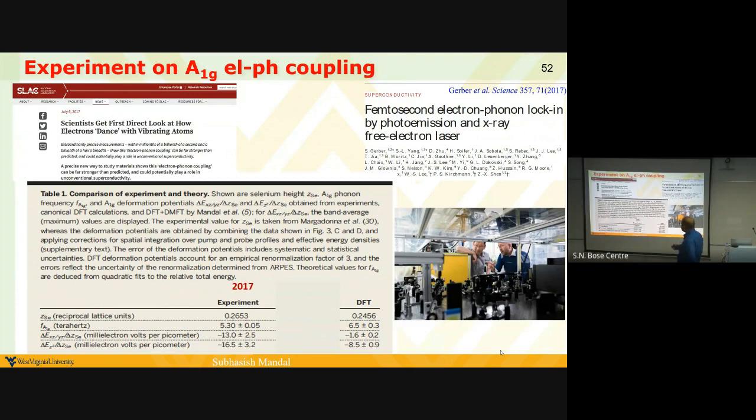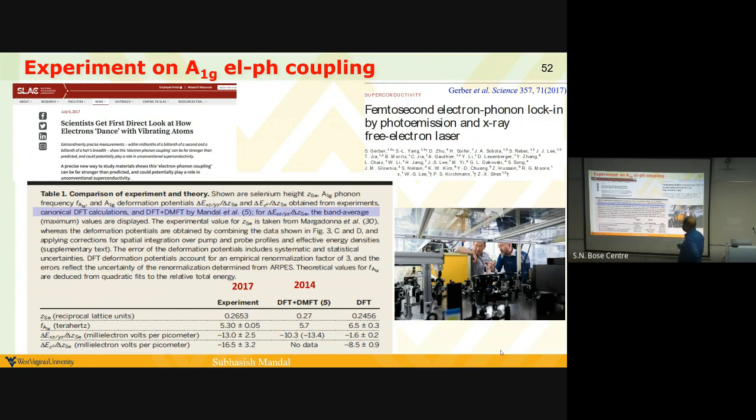In the Science paper, they have actually dedicated a table comparing the equilibrium position, phonon frequency, and also most importantly the electron phonon coupling. And they have compared with our results, which was back in 2014, and you can see that the atom position, the frequency, and the deformation potential match remarkably well in DFT plus DMFT, and it is one order of magnitude higher in DFT plus DMFT in the coupling.